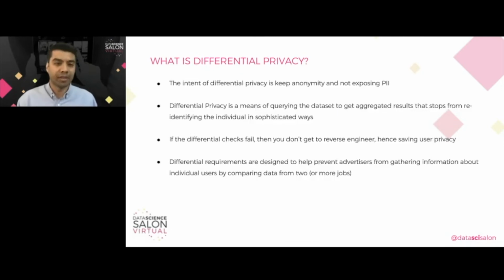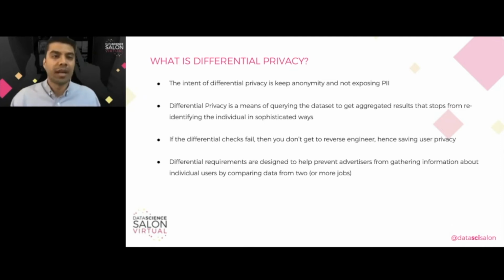What is differential privacy? It's an intent to keep anonymity, not exposing PII. Differential privacy is a means of querying the dataset to get aggregated results that stops re-identifying the individual in sophisticated ways. If I'm trying to find something about an individual, I won't be allowed, and I won't be able to reverse engineer my logic to find a loophole in the system. That's also not allowed.